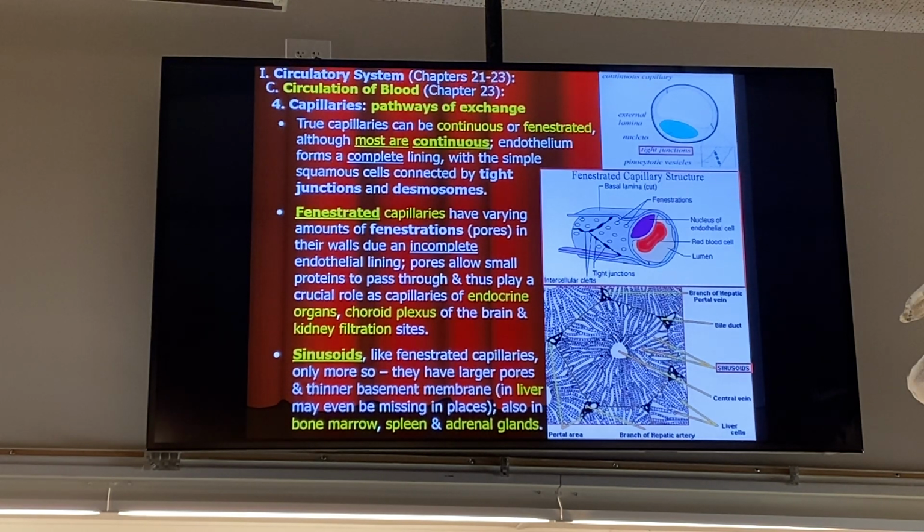Portal vein is between two capillary beds. Everybody look at me. On the hepatic portal system and the hepatic portal vein, the liver sinusoids are the second capillary bed. These are types of capillaries. There's three types.